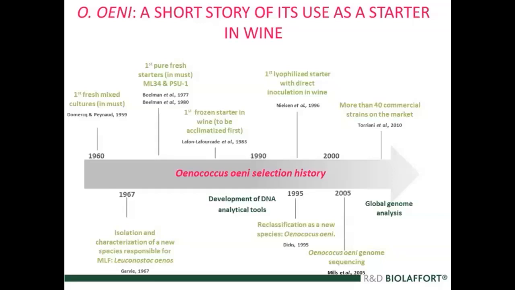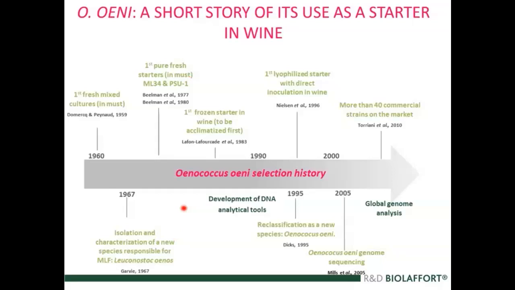And we had to wait 10, 15 more years for the first description of a pure fresh starter, again in must, in 1977 and 1980. And at that time, the name of the species that was used was Leuconostoc oenos.